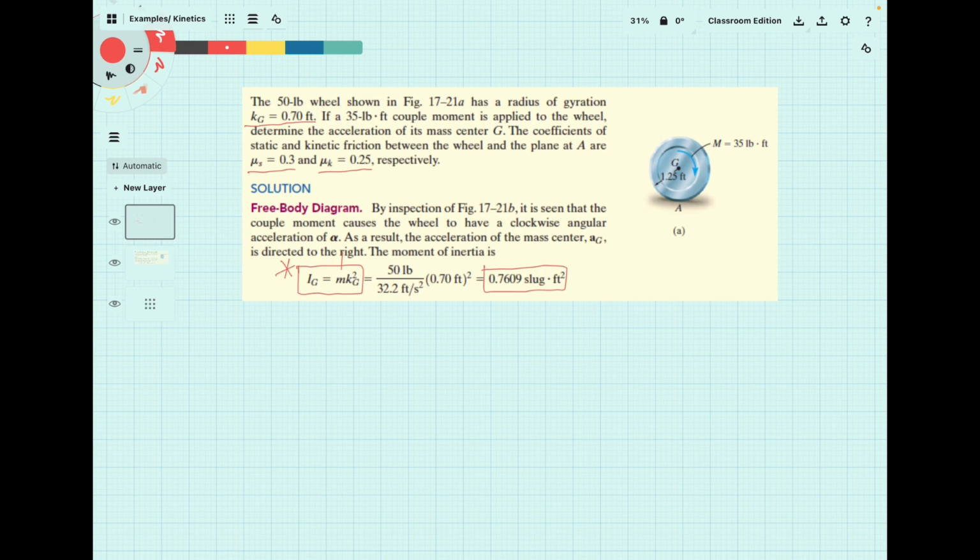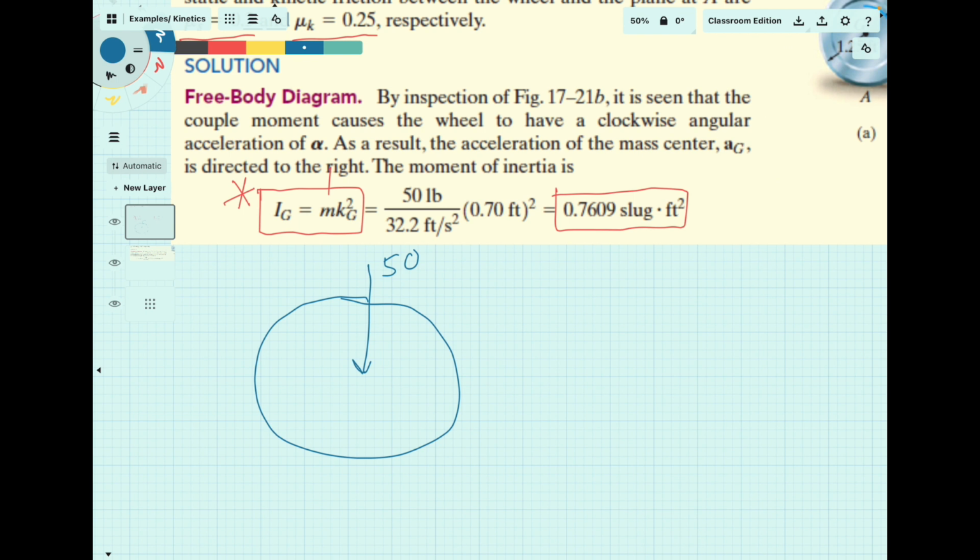So on a free body diagram, I'll redraw it here. We're going to have the weight, which is given in the problem statement as 50 pounds.